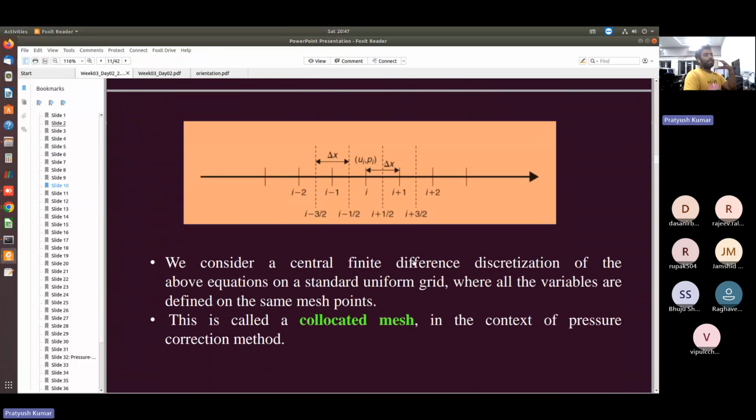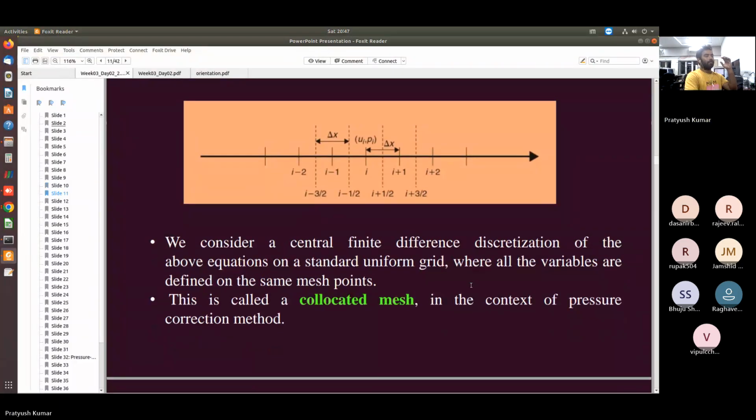Now let's see what problem we are going to face if we take all the field variables at the cell center. Generally in OpenFOAM, or any software that follows OpenFOAM, we use two kinds of discretization. One is upwind discretization, and the second is the central difference method.